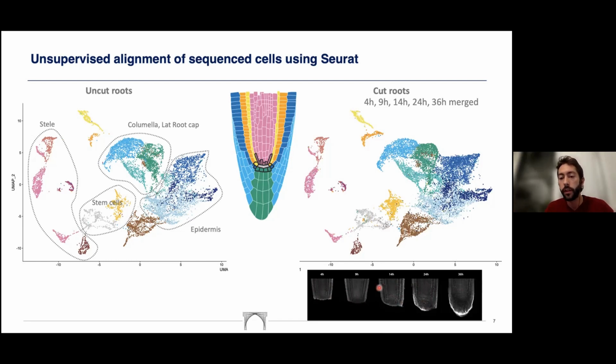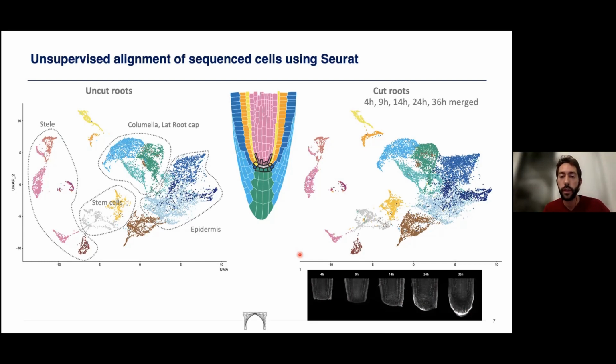But all the cells above, even if we try to cut or enrich for the wounding site, are actually normal, uncut cells. So Seurat wasn't doing a great job at identifying these cells that are in regeneration. We need another approach to identify a very specific signal of these cells.